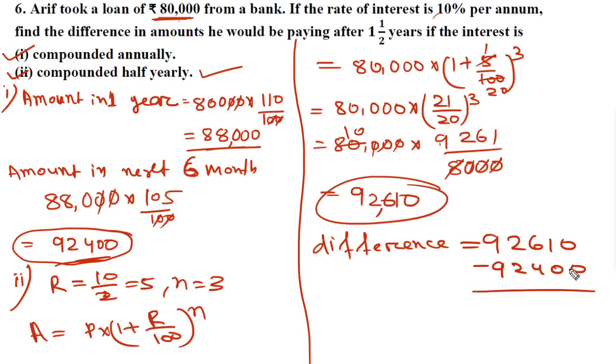So it will be equal to, here it will be 1 0, then it will be equal to 2, then 0 0. So difference in amount is equal to 210. So this is it, question number 6. Now the rest of the questions we will discuss in a separate class. Okay, thank you.